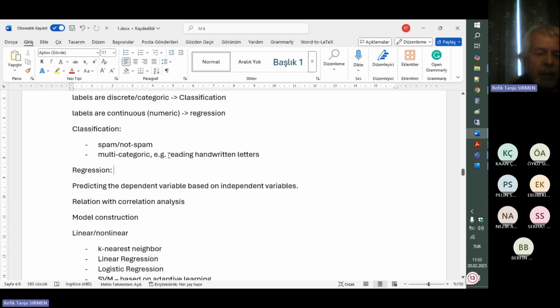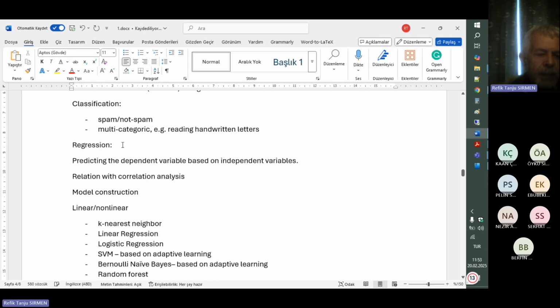It is either A, B, C, but nothing in between. So it is not continuous. Instead, it is discrete. But here, it is not only two categories, spam or not spam, but instead, it may be multi-categorical.